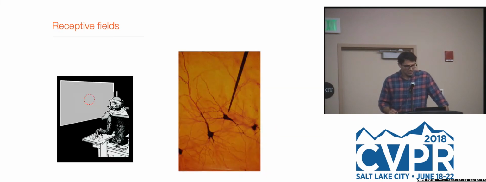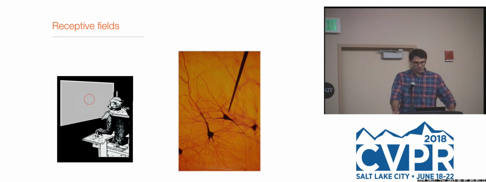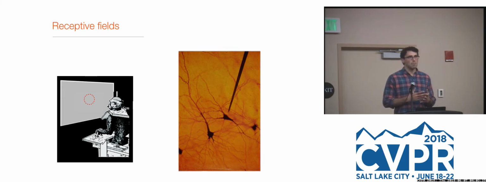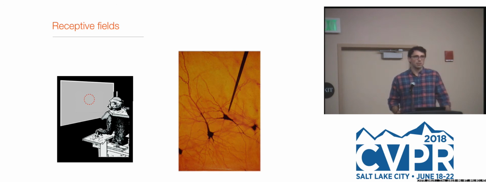So moving on to this concept. Now we've talked about computations in early visual cortex. A dovetailing concept is that, as I mentioned, the computations that are performed are yoked to specific parts of the visual field. This is called receptive fields of neurons.